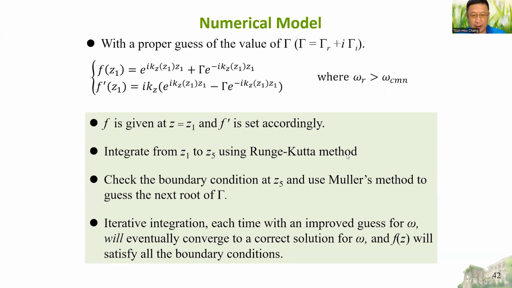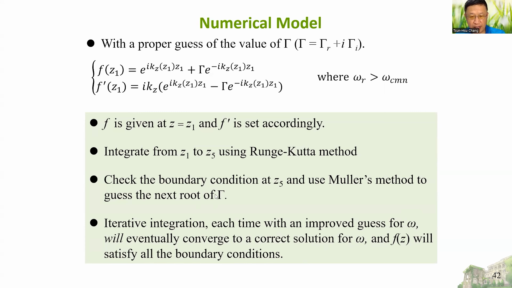We also check the boundary condition at Z5 using Muller's method to guess the next root for gamma, the reflection coefficient. Gamma is complex. Keep this in mind. Iterative integrations, each time with an improved guess of gamma, will eventually converge to the correct solution for gamma, and f of z will satisfy all the boundary conditions.